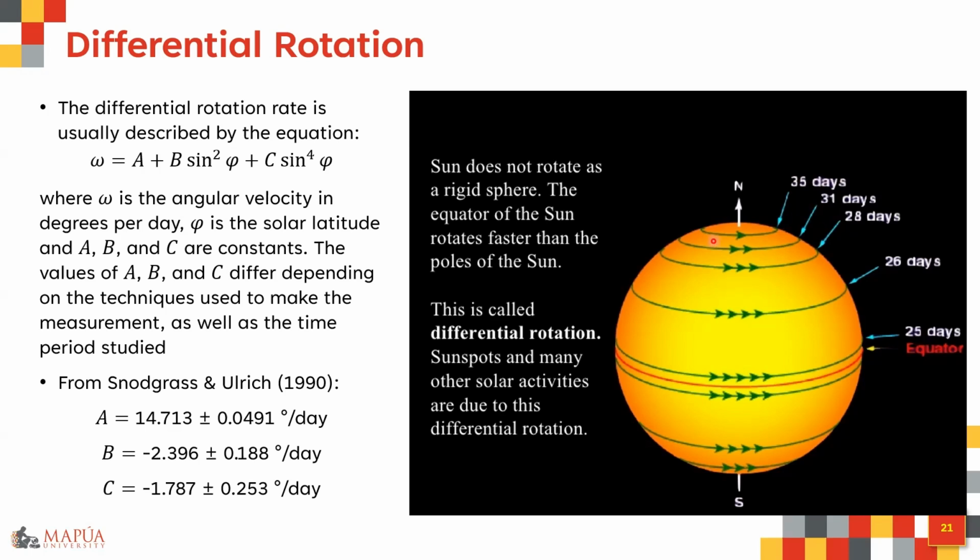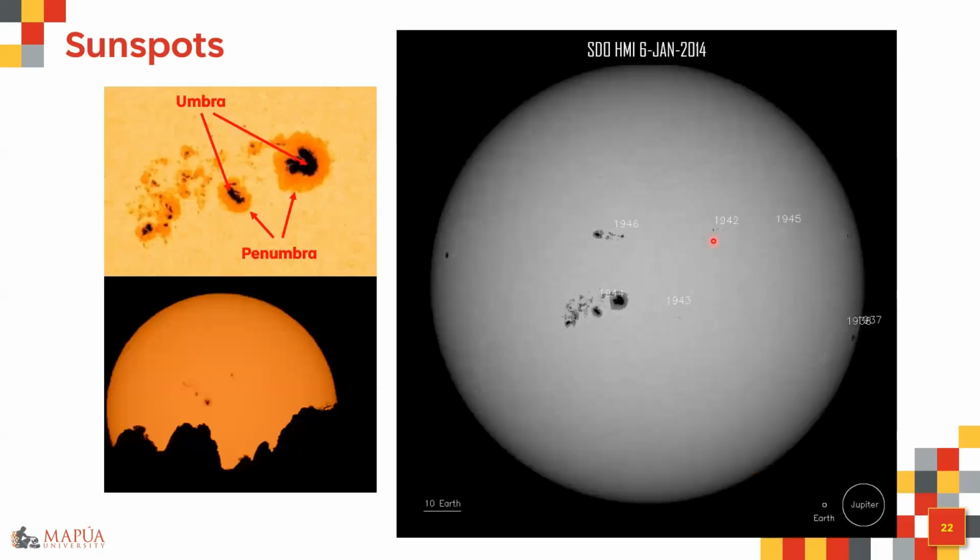So this is one of the reasons why we have a very complicated magnetic field of the sun. Okay, so as mentioned earlier, this differential rotation is a very good model and very good reason for the existence of your sunspots. Okay, as I demonstrated earlier.